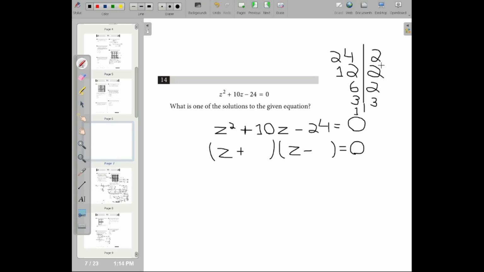So these are our factors of 24, and we need to find two factors that multiply to 24, and those same numbers added have to be 10.